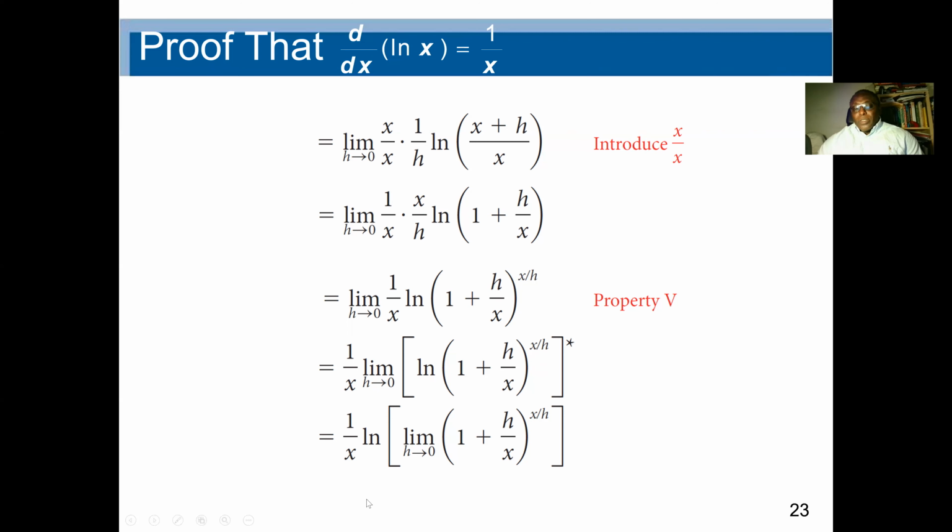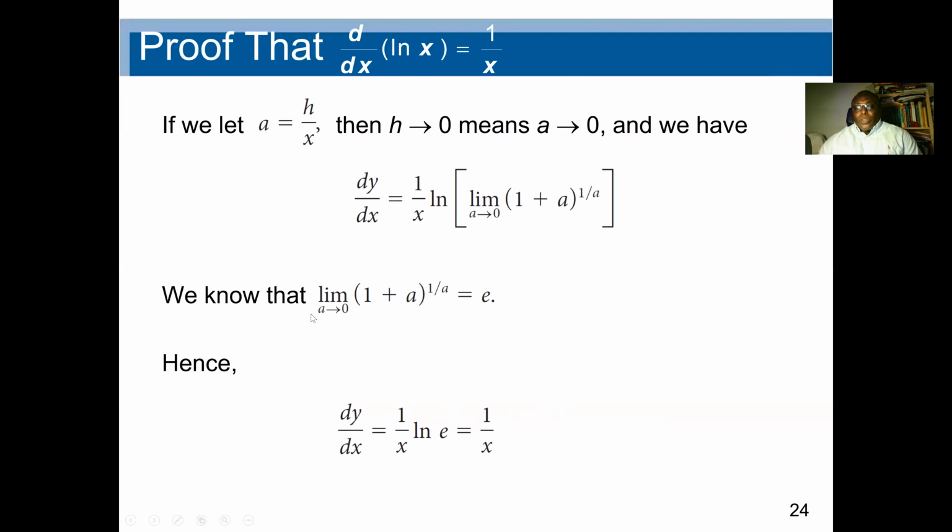Then here we bring the natural log out, and as h approaches 0, we have h here. So this will give us 1 over x times natural log of the limit as a approaches 0 of 1 plus a to the power 1 over a.